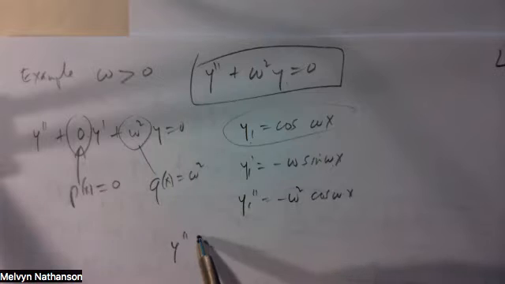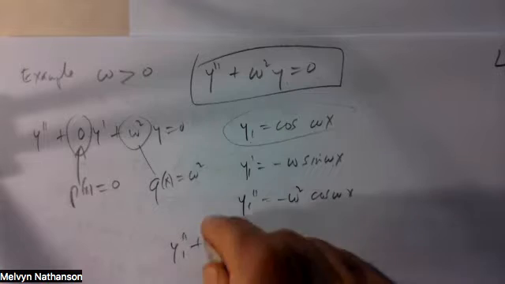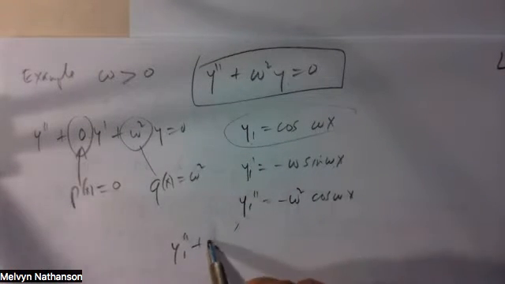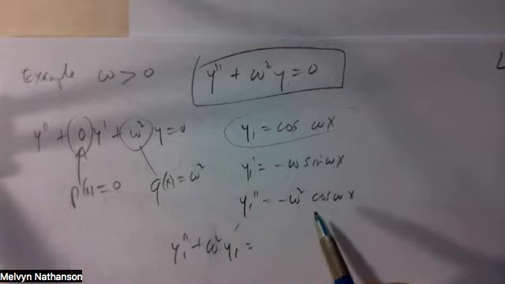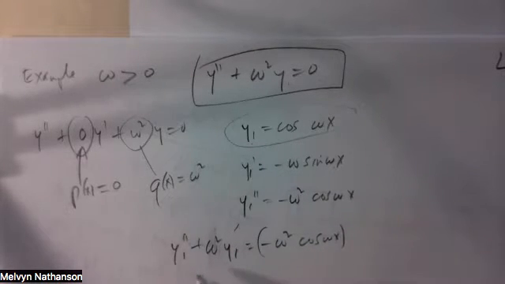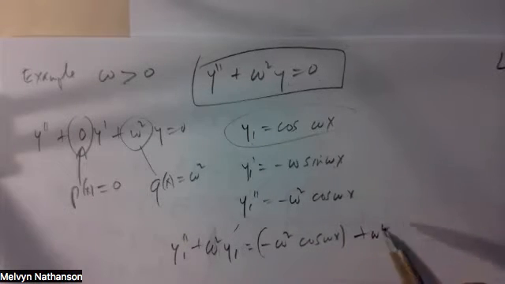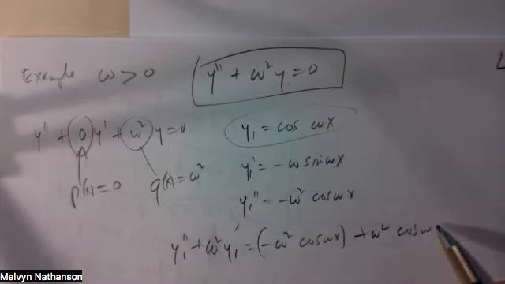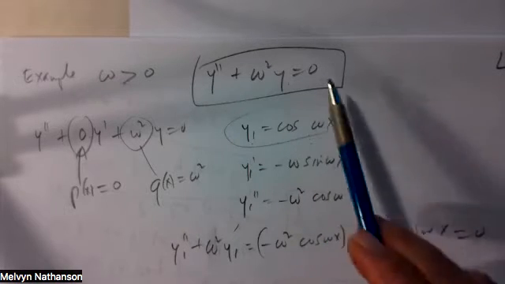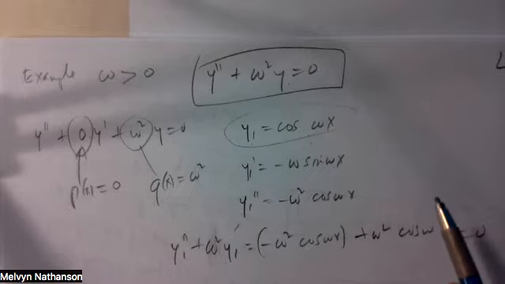So y1 double prime plus omega squared y1, that's minus omega squared cosine omega x plus omega squared cosine omega x. Well, these cancel. This is 0. So this is one solution of this equation.